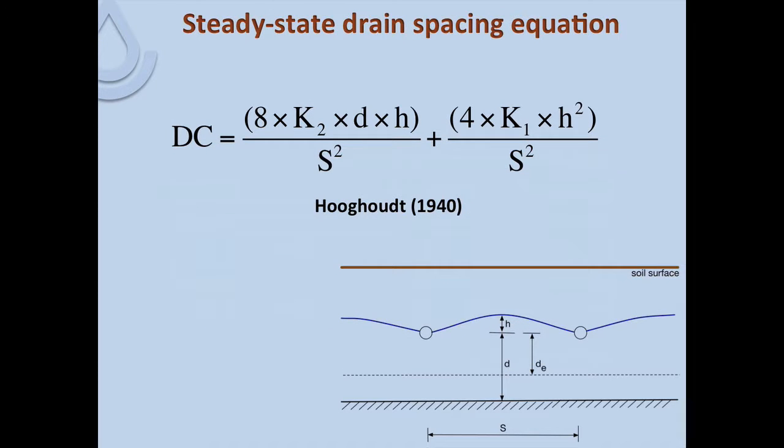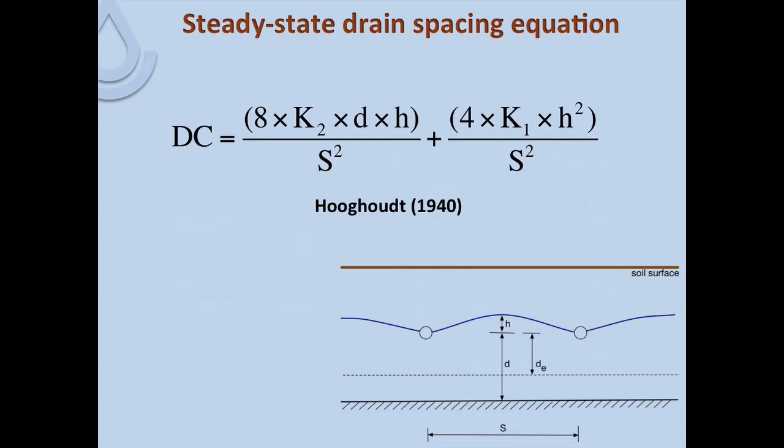Once we've chosen the drainage coefficient that we're going to design the system for, we need to figure out, for a pattern tiled system, what drain spacing we need to use to get that drainage coefficient, given the depth that we're going to put those drains at. The equation that's typically used for that is a steady state drain spacing equation that was developed by Hooghoudt from the Netherlands in 1940.